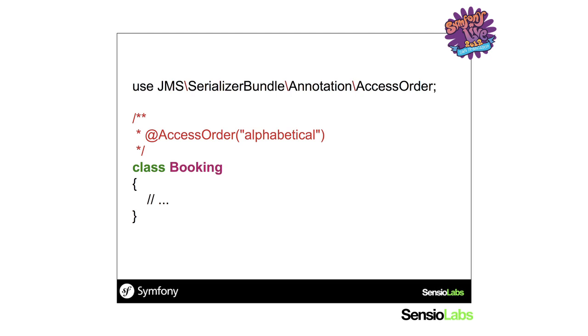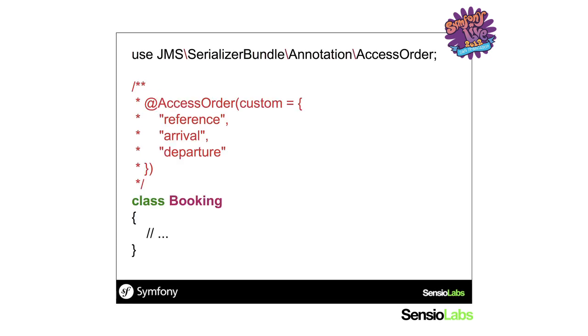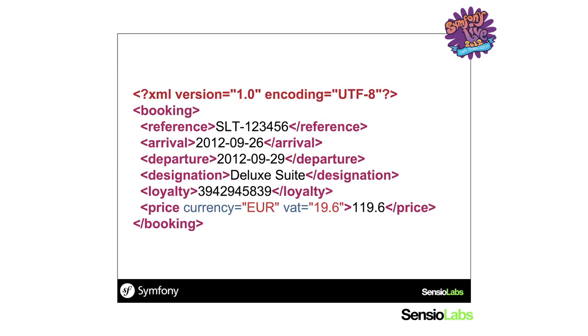You have alphabetical, so you order the properties in alphabetical order, or you can use custom, and you can decide your own order for serialization. So I want to first display the reference, then the arrival value, and then the departure value.